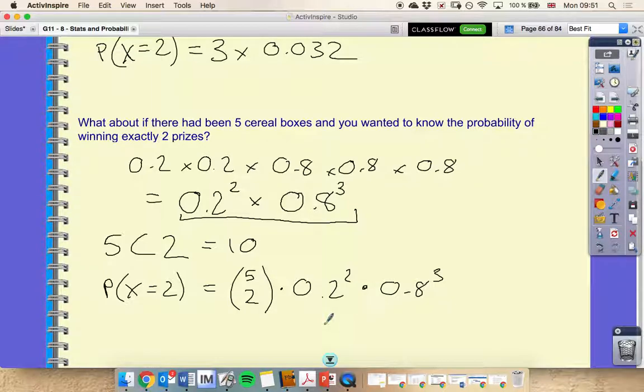Yeah, it's not the general term. So if we think through that whole fact that there was an extra term, it makes a bit more sense in this context. You could have 0 prizes, 1 prize, 2, 3, 4, or all of them could be prizes. So we're going to get 6 different possibilities. So I think this is quite a useful example for that.